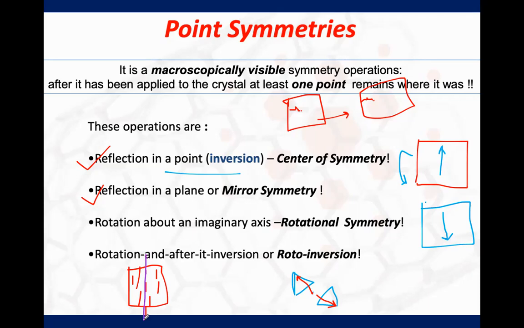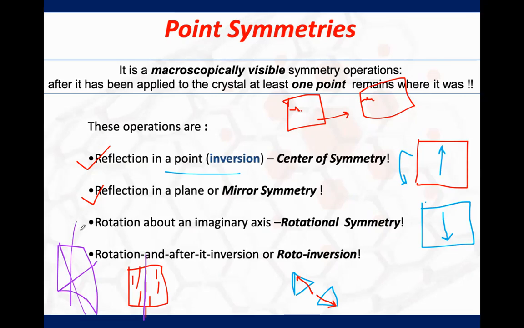So it's exactly like a mirror, and we call it a mirror plane. The symmetry is called mirror symmetry. This is not available for all crystals. For example, if we had a crystal like this, you may not have a mirror plane. You can't make a mirror plane like this or in any other direction. So if you can decide a mirror plane along the crystal, then you can say that crystal has mirror symmetry also. This is another type of symmetry that you can expect in a crystal.